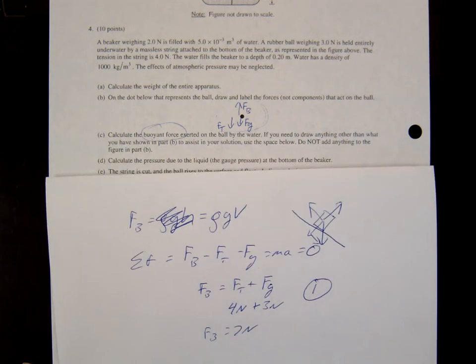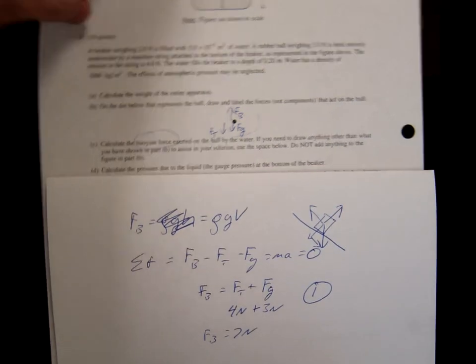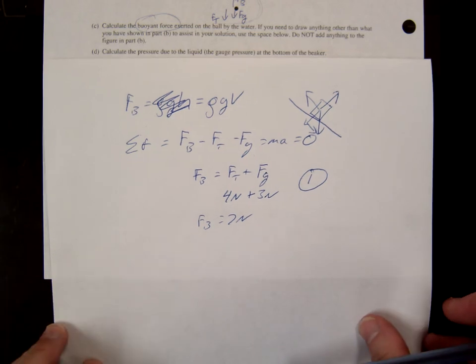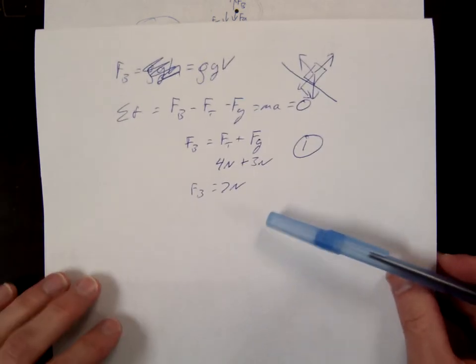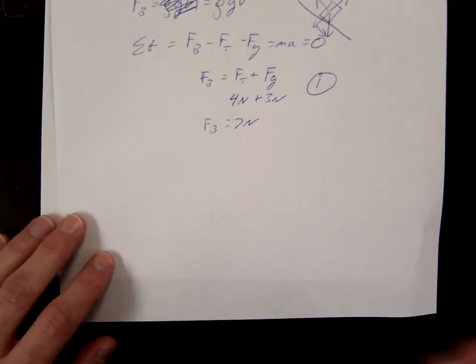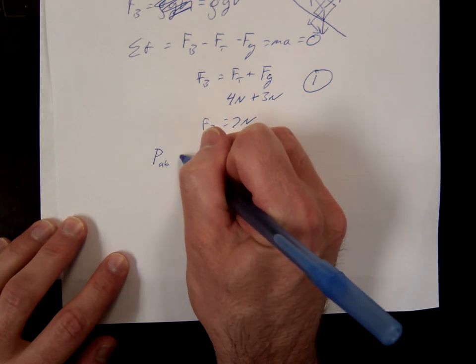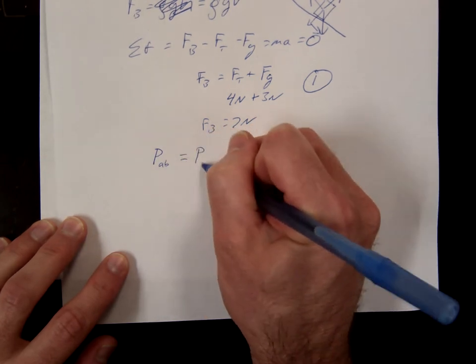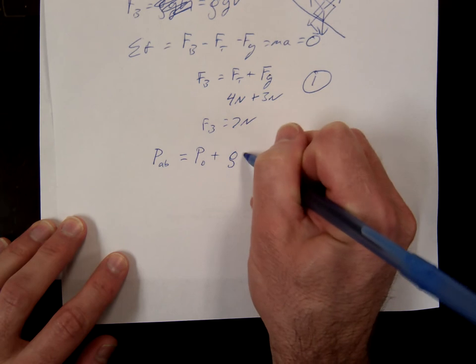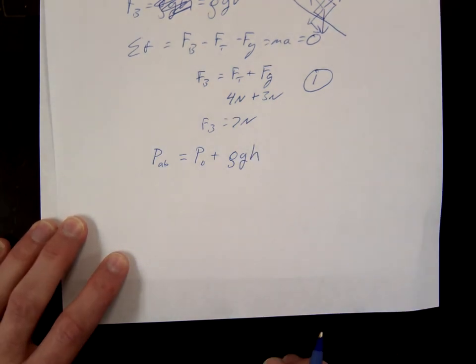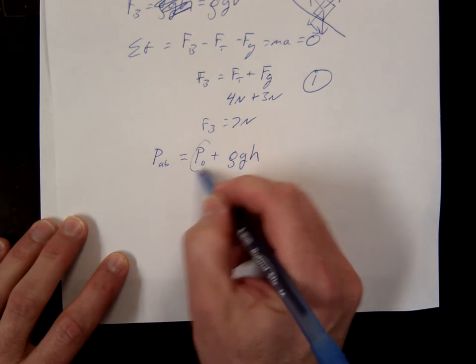Letter D, find the pressure due to the liquid, the gauge pressure at the bottom of this. So how do we find the pressure at the bottom? If you look for absolute, what's the absolute pressure? But if we're just looking for the pressure due to the water, we don't have to include the atmosphere, right?